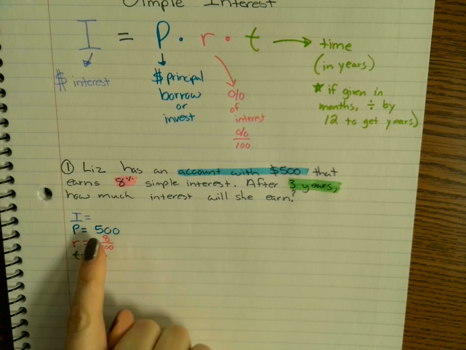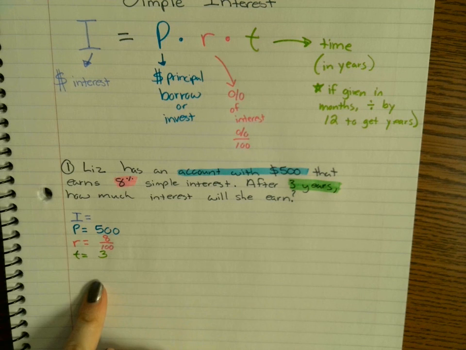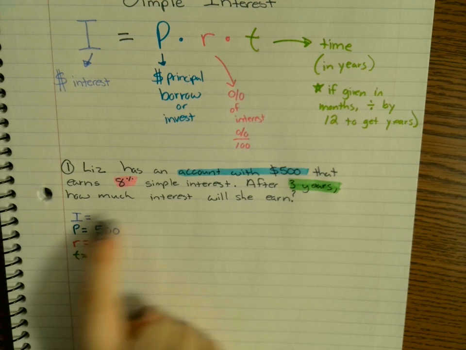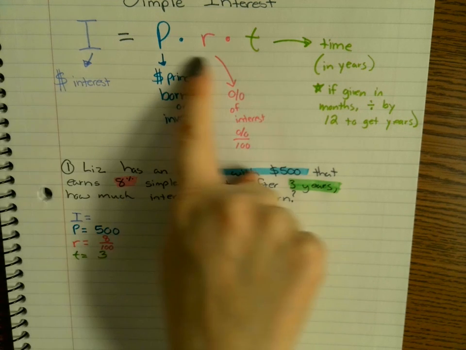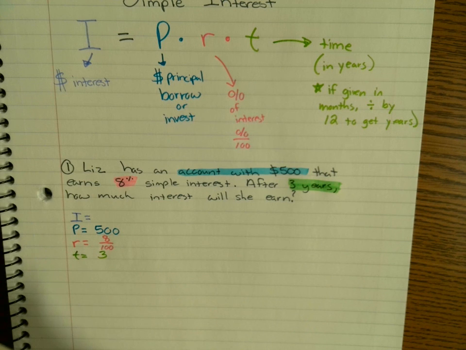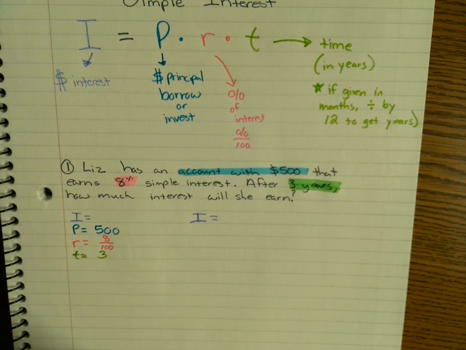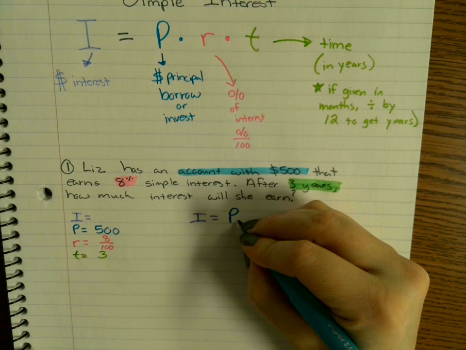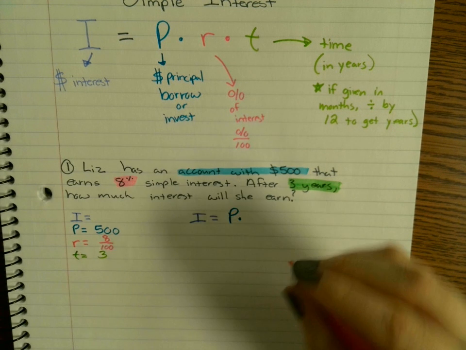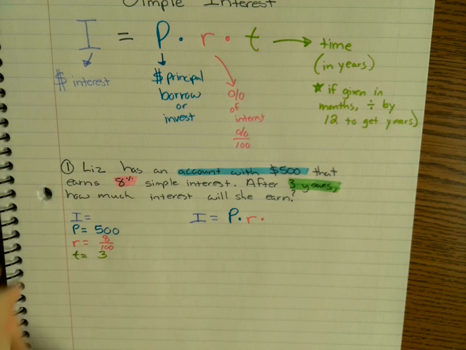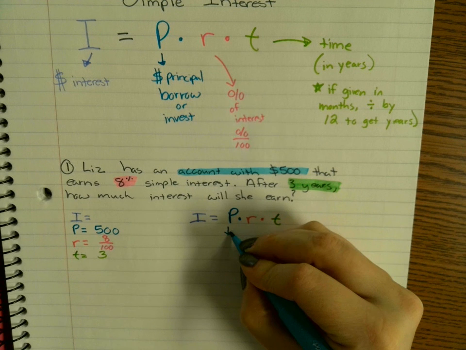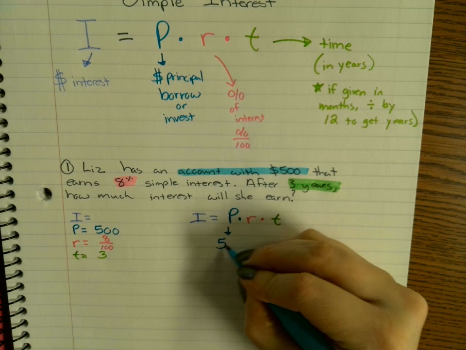Now I have all of this information filled out. I'm looking for the interest, so I'm going to plug it into my formula. My formula says that I equals principal P times rate R times time T. Instead of P, I'm going to replace it with 500.